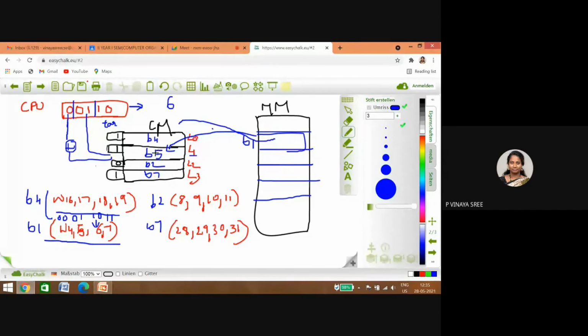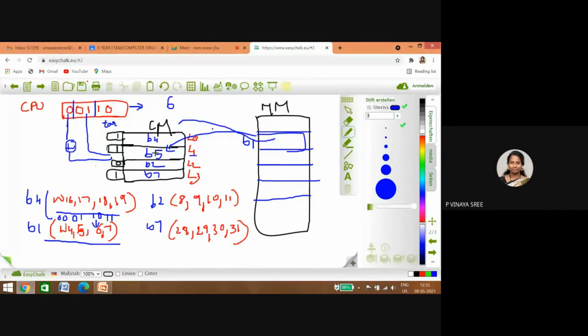It has to go to block 1, based on the example mentioned. And in that, this is your 6. So in this way, if it is a miss, you will be converting to two partitions. If it is a hit, you will have three partitions.